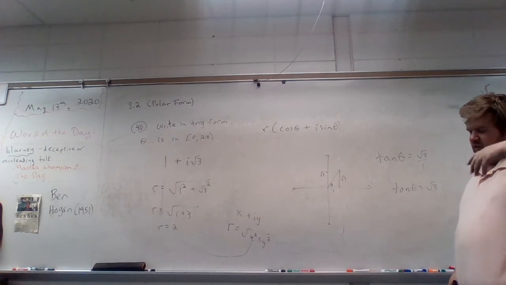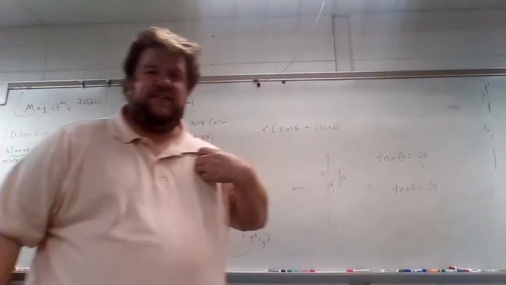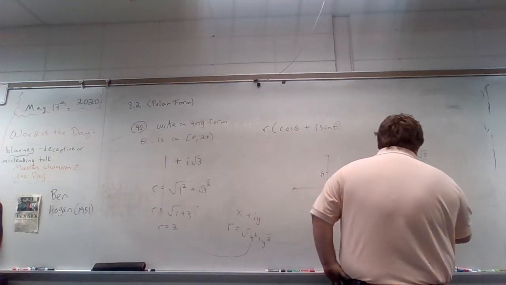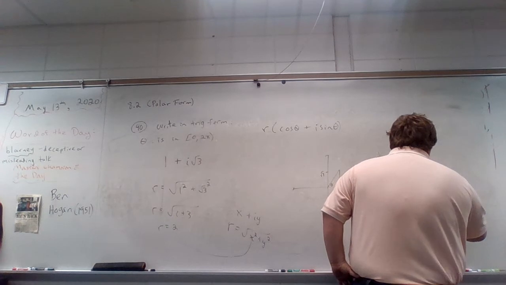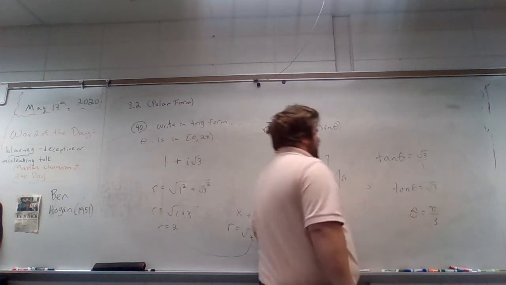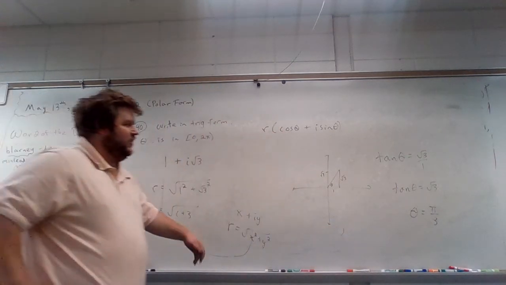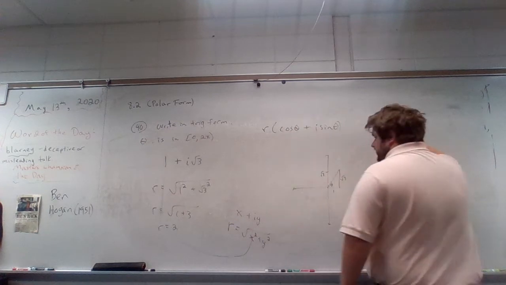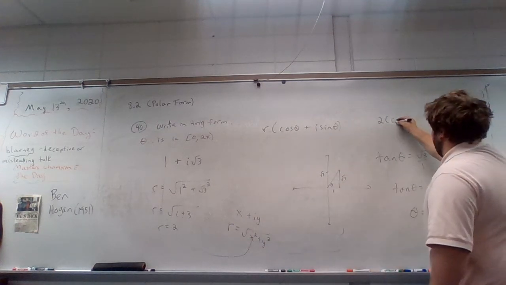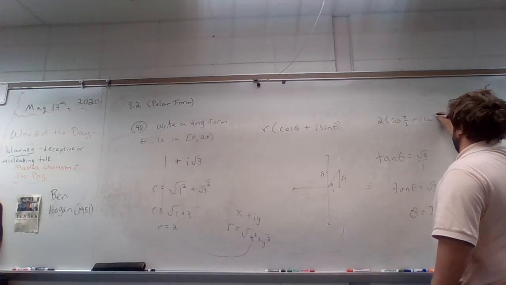Well, from the unit circle, hopefully you've seen this a lot of times, that angle in radians is going to be pi over 3. If not, you can use a calculator, but I think we talked about this quite a bit. Pi over 3. Tangent of pi over 3 is going to be root 3. And then I would just plug the r and the theta in. So this is really just 2, which is r. And theta was pi over 3, so cosine of pi over 3 plus i sine pi over 3.